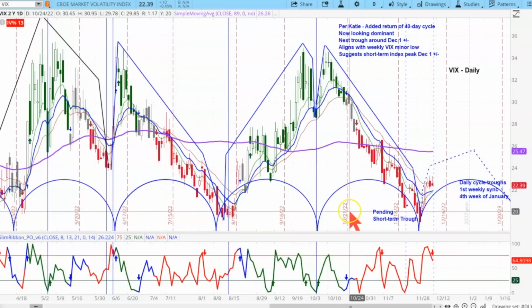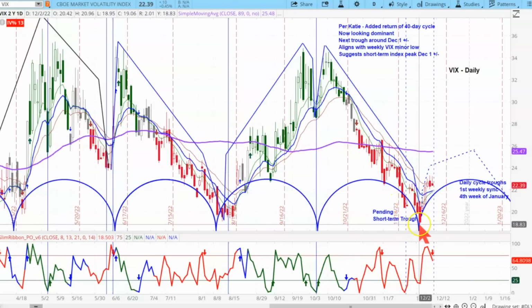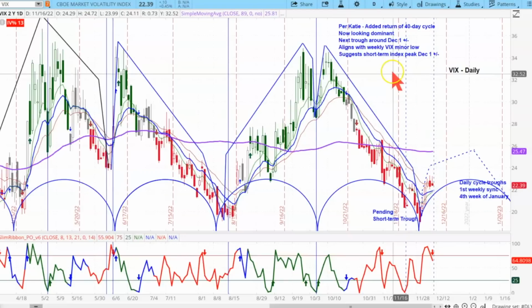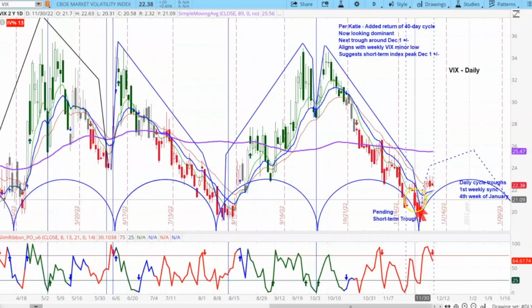We were projecting a short-term trough in the VIX in this time frame, and that's what we got as it started to move up as the stock market started to move down. So we had looked for a next trough around December 1st, plus or minus a few days, and you can see that's where we got that.